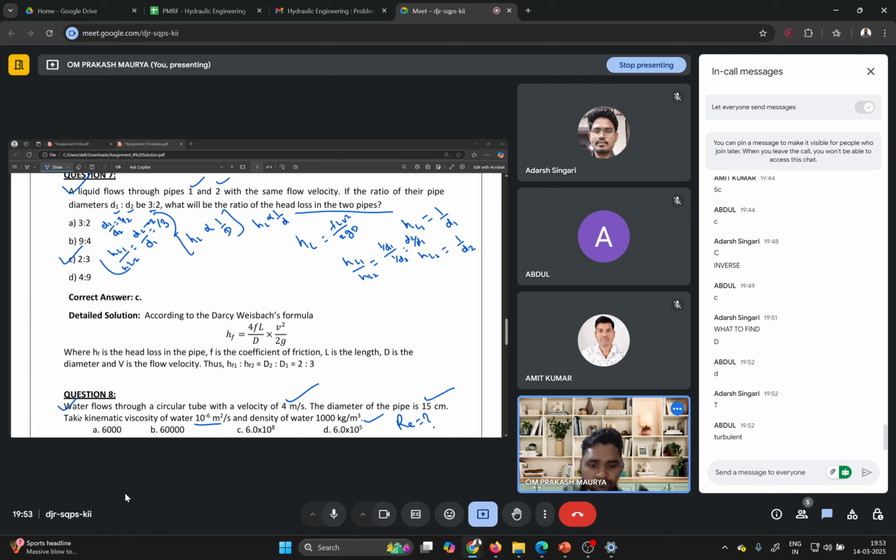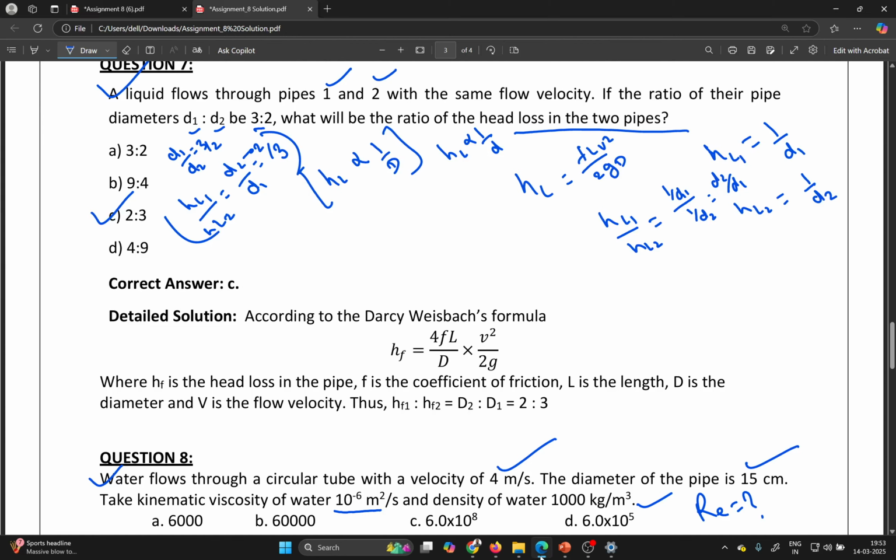So how will you calculate? Let me show you, for maybe those who had not joined today. Re is equal to rho V d divided by mu. As you know, the kinematic viscosity is dynamic viscosity divided by rho.